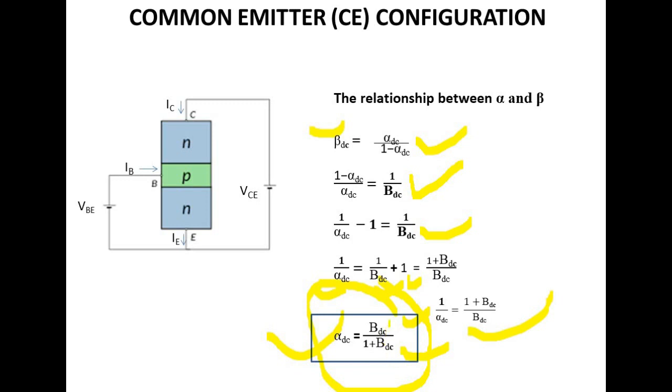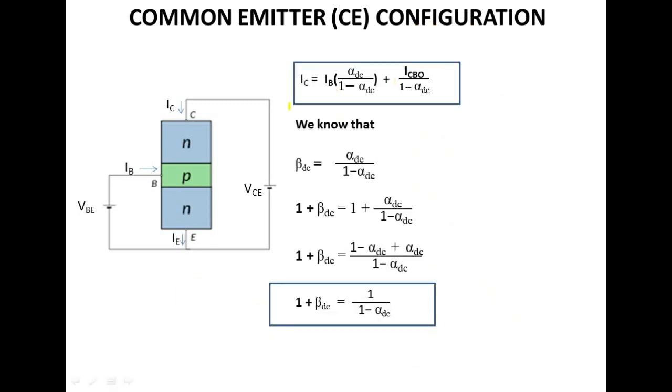Because we know that beta DC is far greater than 1, so it is clear from this expression that alpha DC is always less than 1. We know that IC is equal to IB into alpha DC upon 1 minus alpha DC plus ICBO upon 1 minus alpha DC. Now we have derived that beta DC is equal to alpha DC upon 1 minus alpha DC.